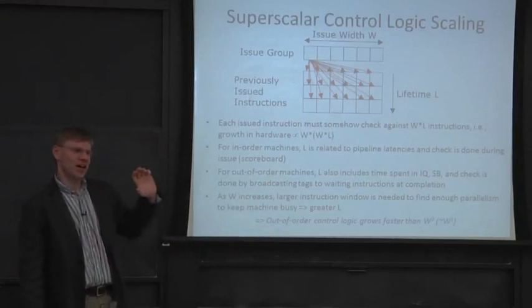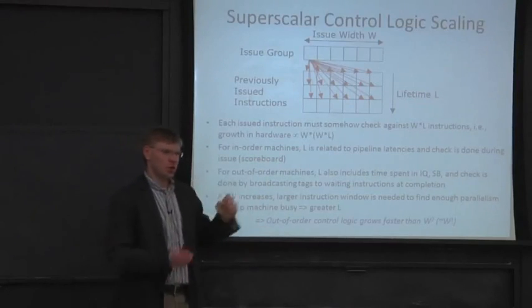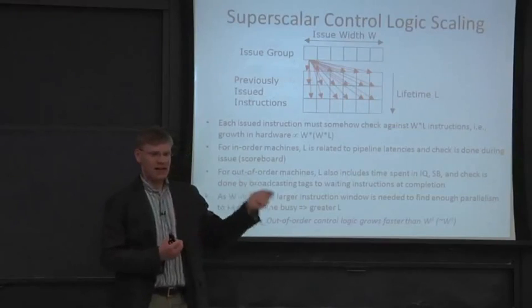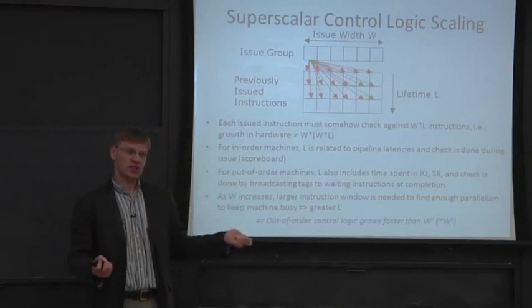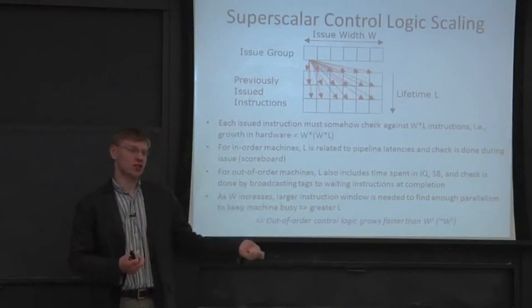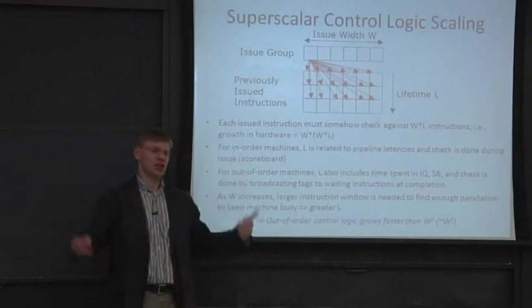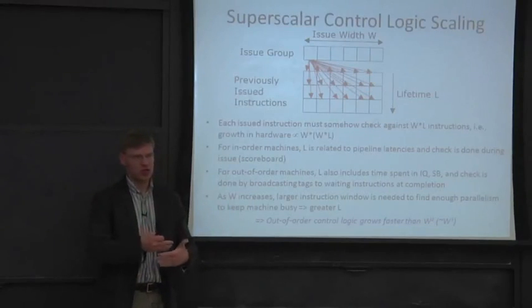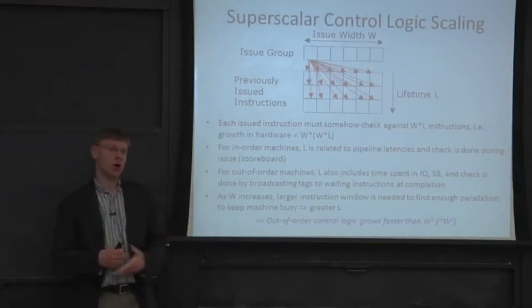It's a circuit which will choose what instruction is ready to go, and typically you want a heuristic that picks the oldest instruction. This is to prevent deadlock, so you don't want to issue arbitrary instructions. You want to issue the oldest instruction because you want to make forward progress in the machine.